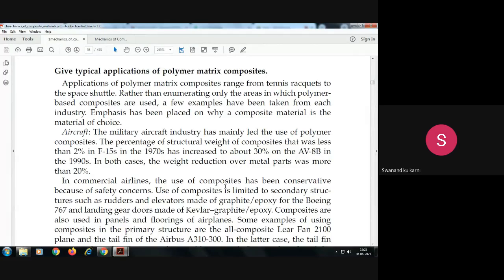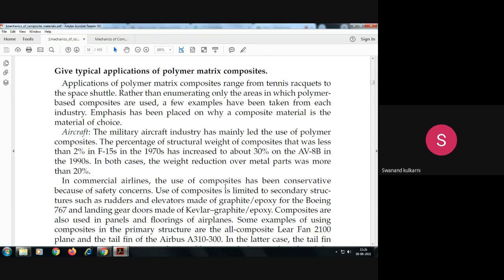So the tennis rackets, from that these applications will start, and polymer matrix composites have large application domain in space shuttle system. So rather than enumerating only the areas in which polymer based composites are used, let us take one by one example of the polymer matrix composite.